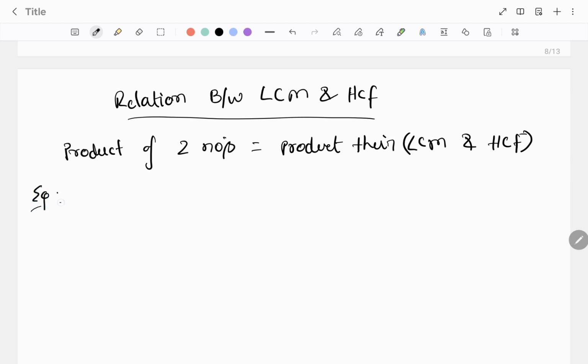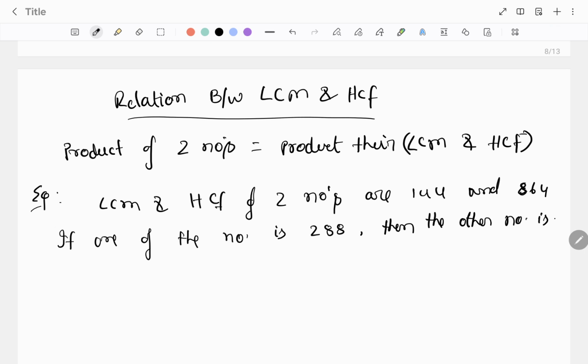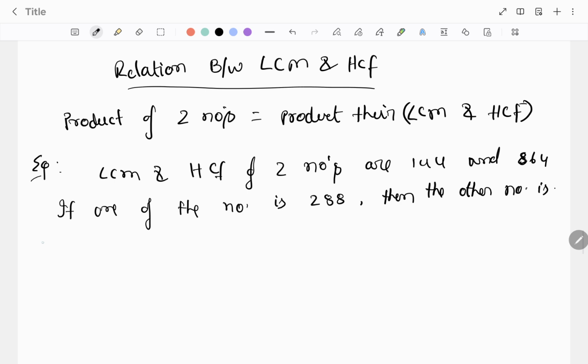We'll do a question on this. LCM and HCF of two numbers are 144 and 864. If one of the numbers is 288, then the other number is, according to the formula, let one number be 288 and the other number be B. Then HCF and LCM are given as 144 and 864; LCM should be greater than HCF, because HCF must be a factor of LCM.